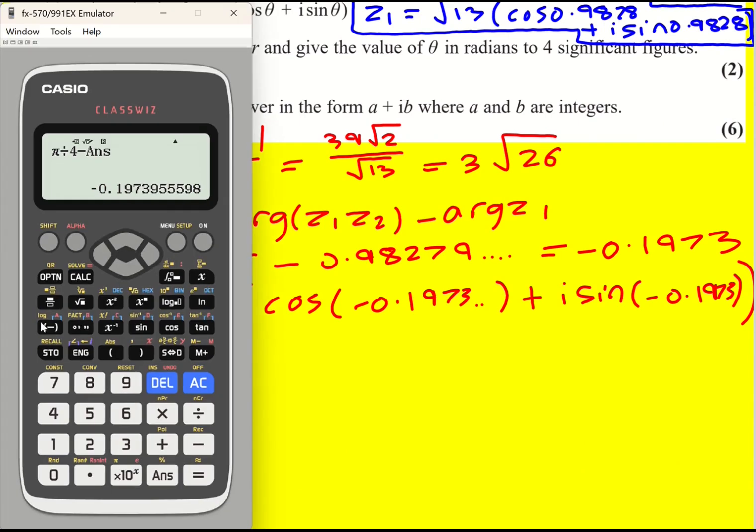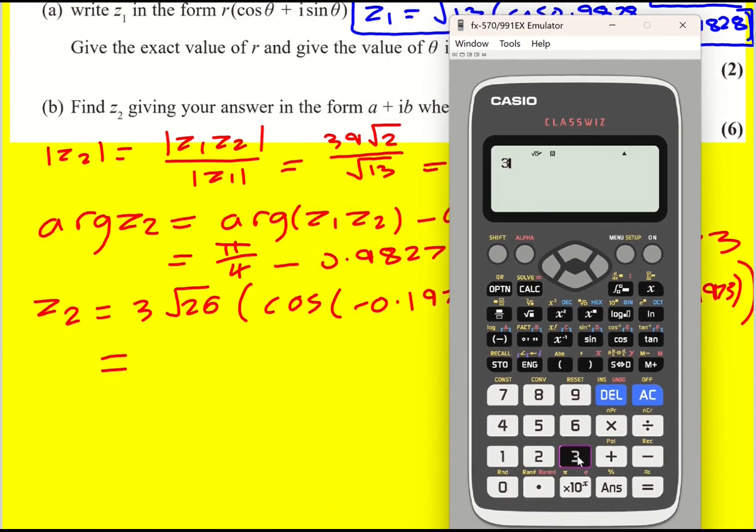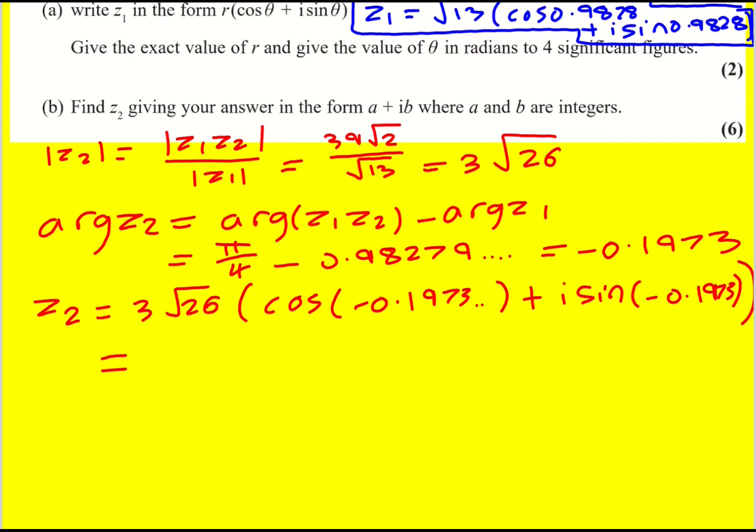So I'm going to store it to my memory for a second, and then do 3 root 26 times cos. I could do answer or use a memory. We get 15. If you don't keep it exact, it will be 15 point something. They've asked us for whole numbers, so you'd probably figure out that it is going to be 15, but we've now shown it with absolute certainty.